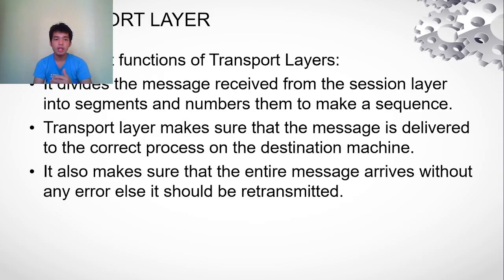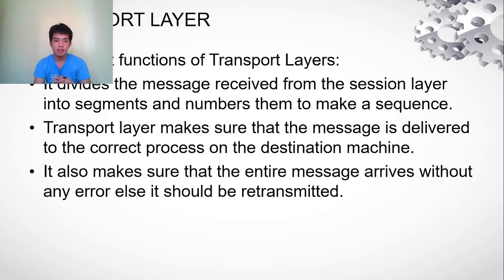So the important functions of the transport layer: it divides the message received from the session layer into segments and numbers them to make a sequence. Again, the data and the sequence of transferring the data are important. The transport layer makes sure that the message is delivered to the correct process or destination machine, to its proper destination, because as I said earlier, sequence is important in the transport layer.